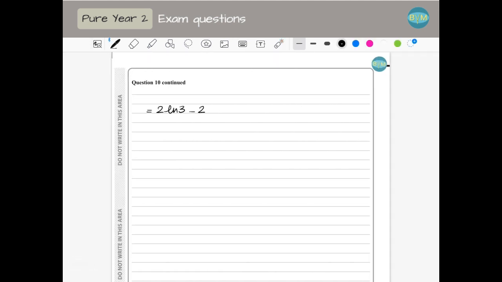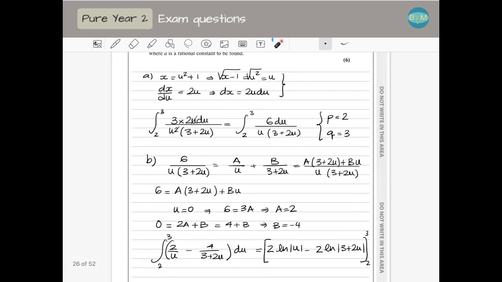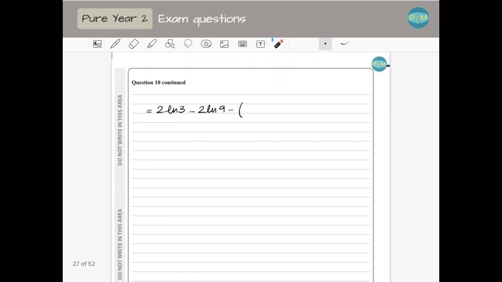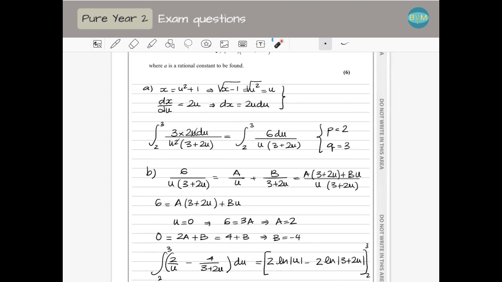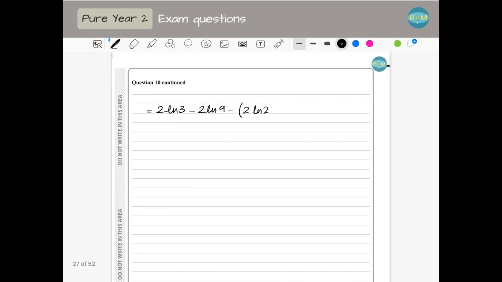Minus, now I substitute by 2. So when I substitute by 2 here, I have 2 ln 2, and in the other one I have 2 times 2, 4, 4 plus 3 is 7, so I have 2 ln 7, so minus 2 ln 7.